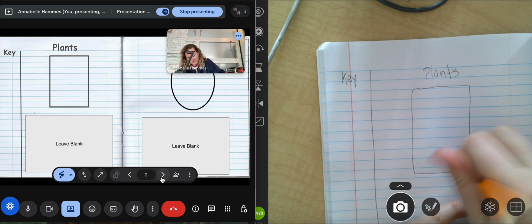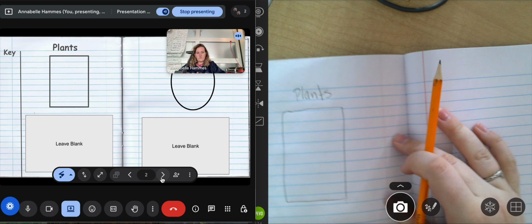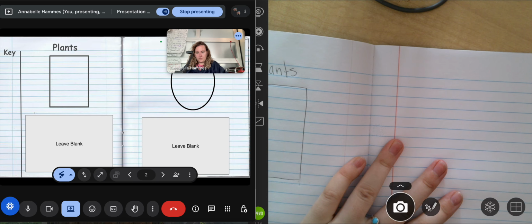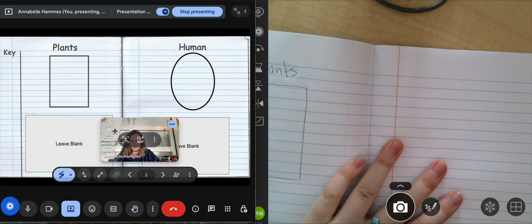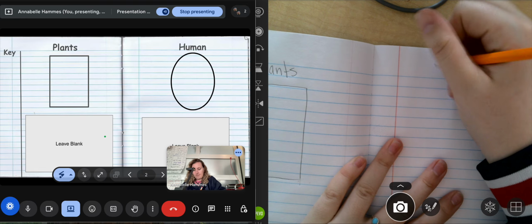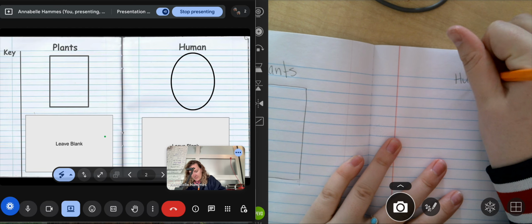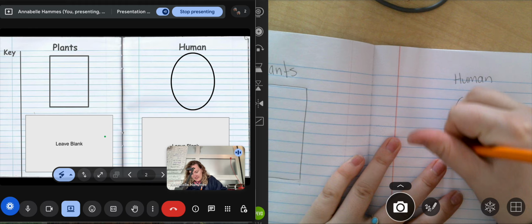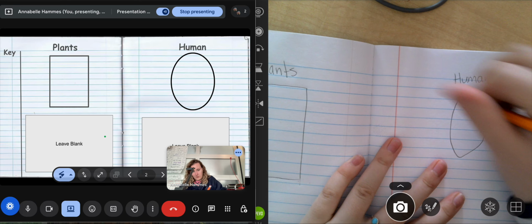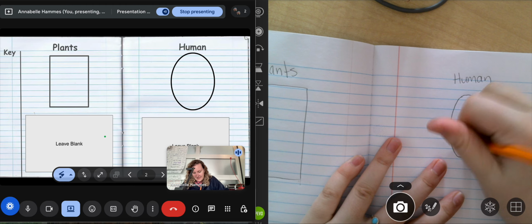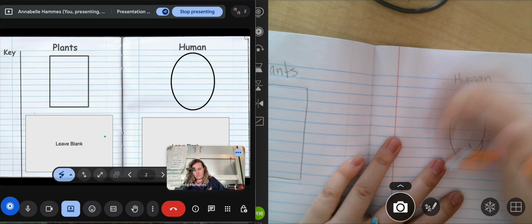I'm not going to make it that long. And over here we have human, and that is more of an oval. Okay, apparently I don't know how to draw an oval. That's fine. Okay.